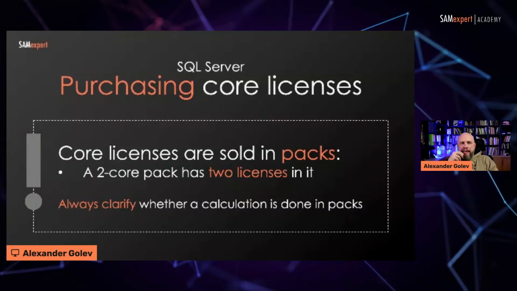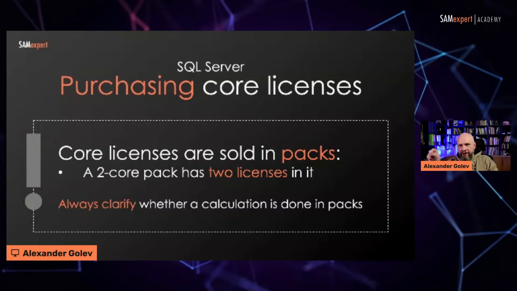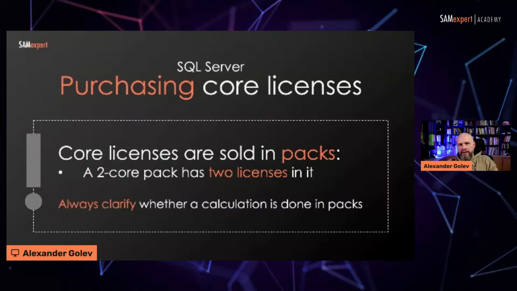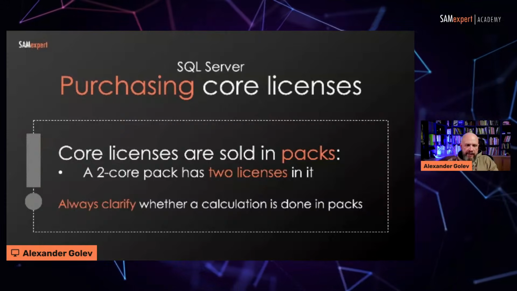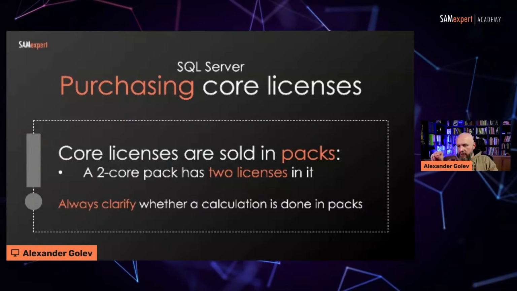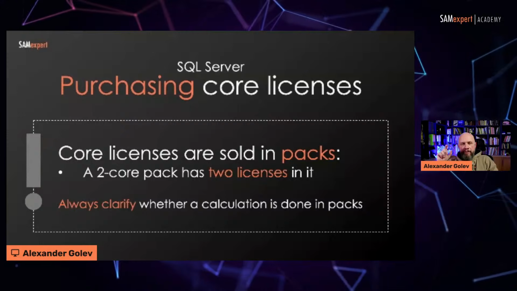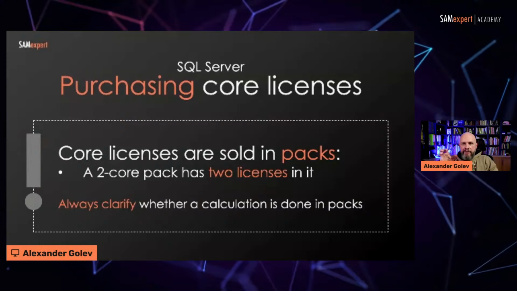Where it may be confusing, sometimes people just say, oh, you need 2 licenses. Clarify that. Did you mean single licenses or did you mean packs? Especially people who are far from licensing and IT, but more in procurement and commercial, they use the term license for the pack.